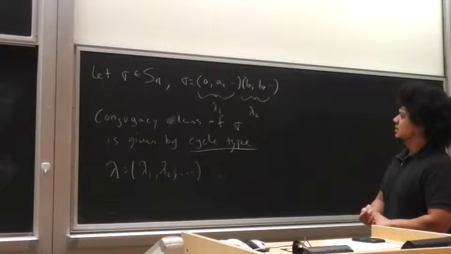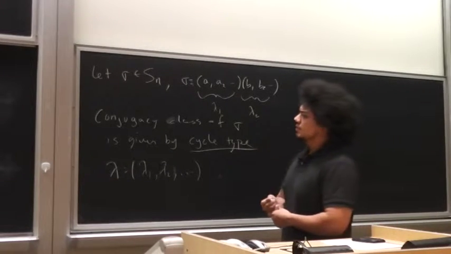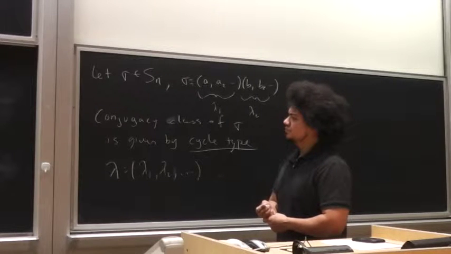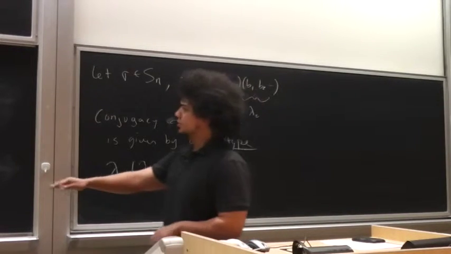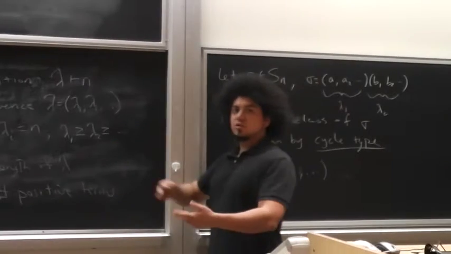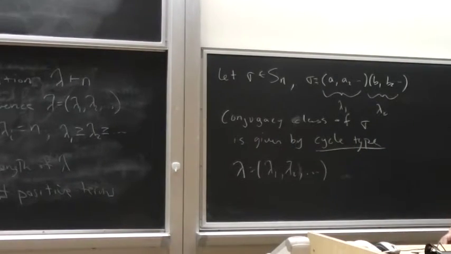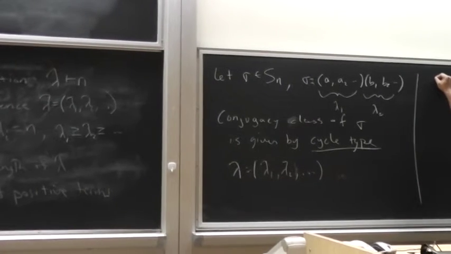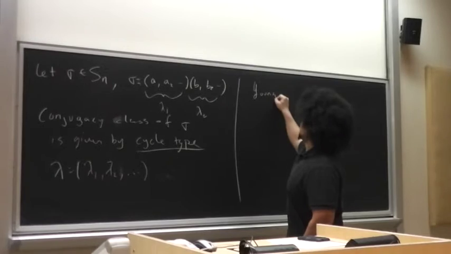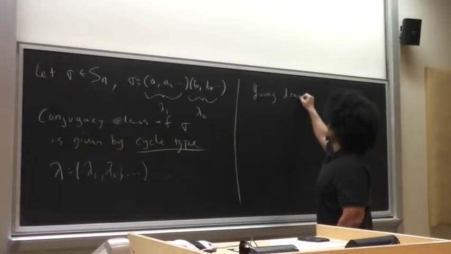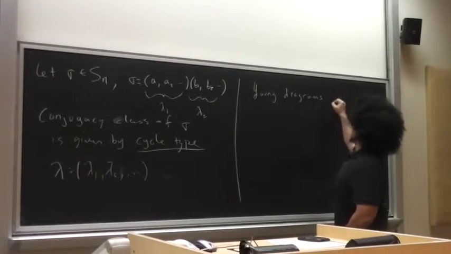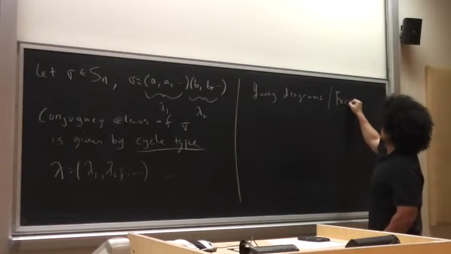Okay. Maybe I should draw the diagram. So in general, we can give a partition by a sequence of numbers. We can also draw them. And so we can draw a partition using Young diagrams or Ferrers diagrams. So let me just introduce this right here before I move on.